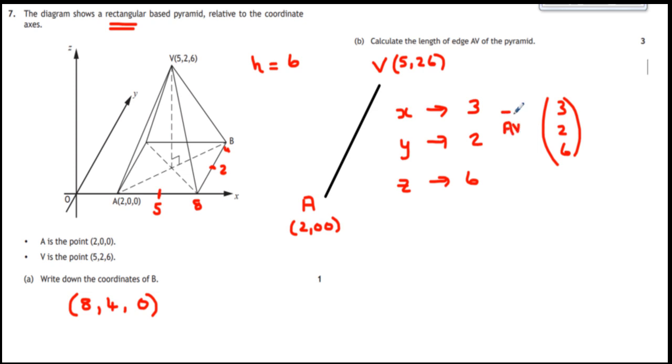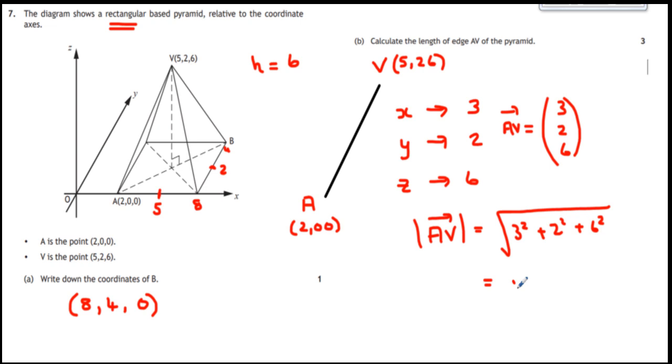To calculate the length of AV, that just means the magnitude, which is the square root of 3 squared plus 2 squared plus 6 squared. That's the square root of 9 plus 4 plus 36, which gives the square root of 49. So the distance from A to V is 7 units.